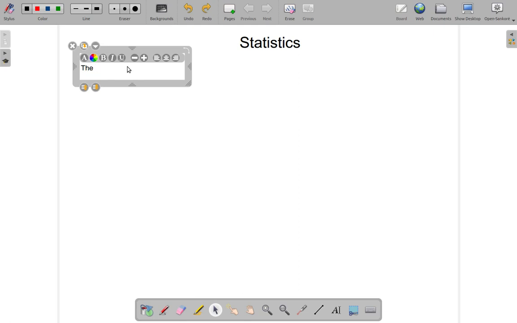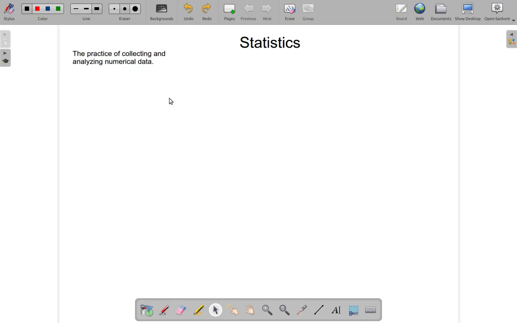I need more space. Let's say the practice of collecting and analyzing numerical data. Alright, so I'm going to use that definition for now, that definition of statistics.